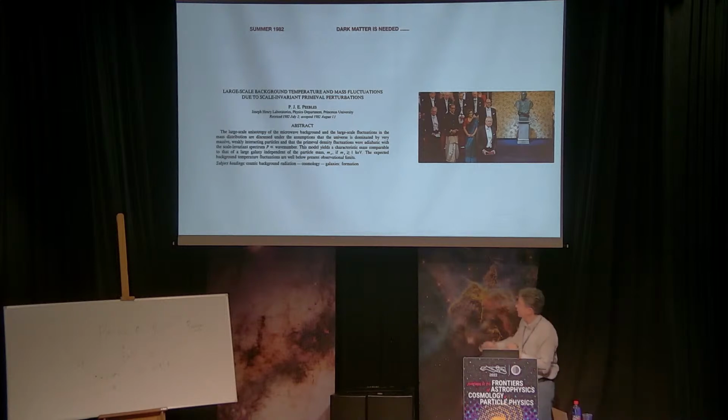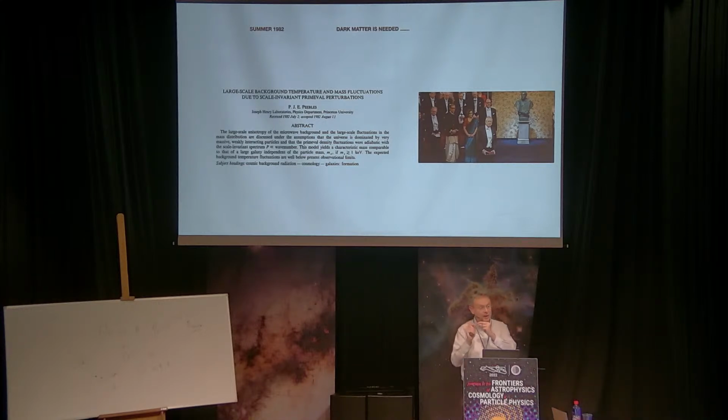And in a very simple calculation, this paper is just 4 pages, if I remember correctly, he compared the correlation function of these galaxies, or better to say some number connected to the correlation function, and he set basically an upper limit to the level of anisotropy of the CMB. And he said, we need dark matter, because if we didn't add dark matter, then we would probably have already observed some anisotropies, which at that time were not observed.